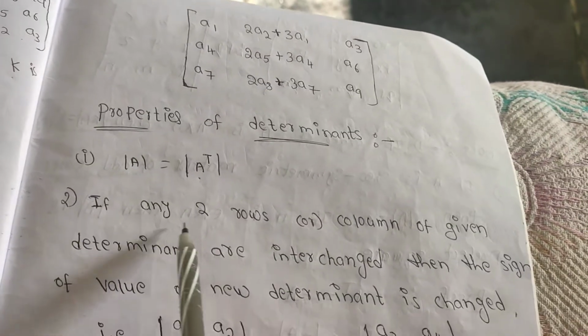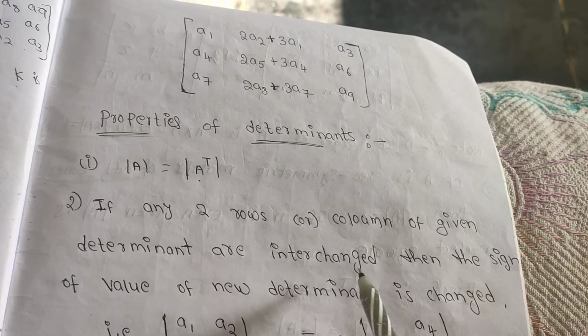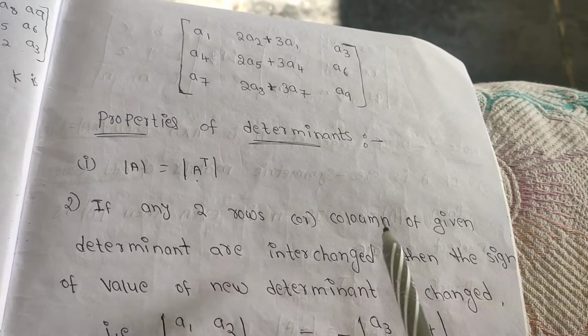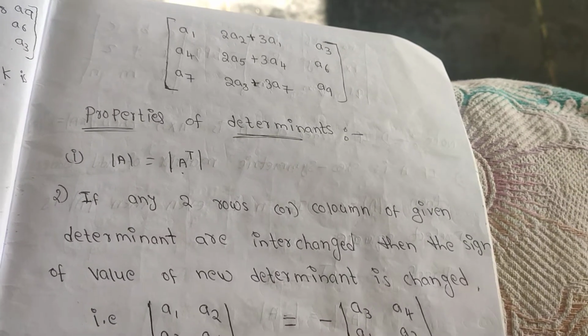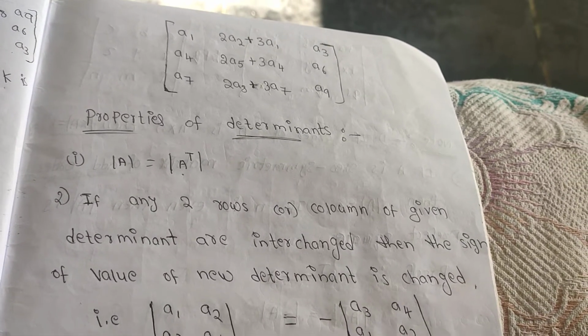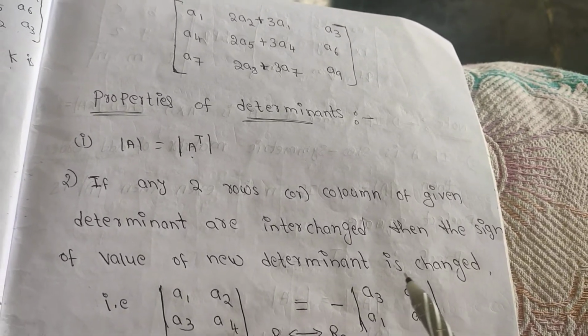Next one, if any two rows or columns of a given determinant are interchanged, for suppose R1 and R2, or C1 and C3, then the sign of the value of the new determinant is changed.